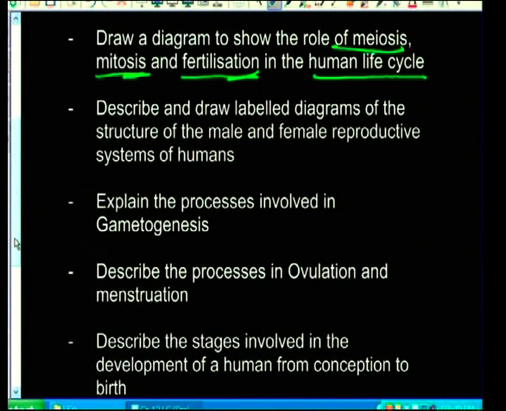Describe and draw labeled diagrams of the structure of the male and female reproductive systems of the human. Guys, now here what do you need to know? You need to know the diagrams of the male reproductive system, the diagrams of the female reproductive system. You need to be able to label each part clearly, and you need to be conversant with the functions of every single part there.